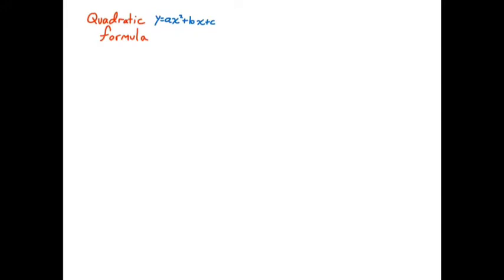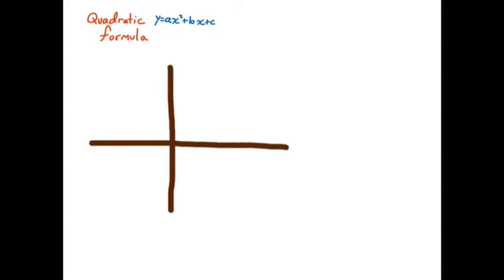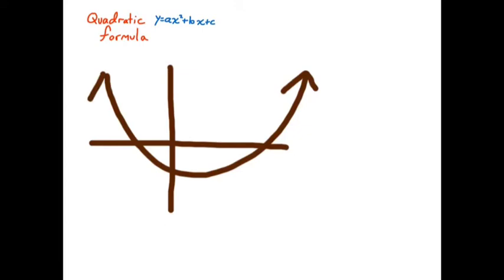Now at this point you might be going, roots? What are the roots? If you need a little visual, here you go. There's your quadratic equation graph with your x and your y. The roots are the spots on the axis where it crosses right there.